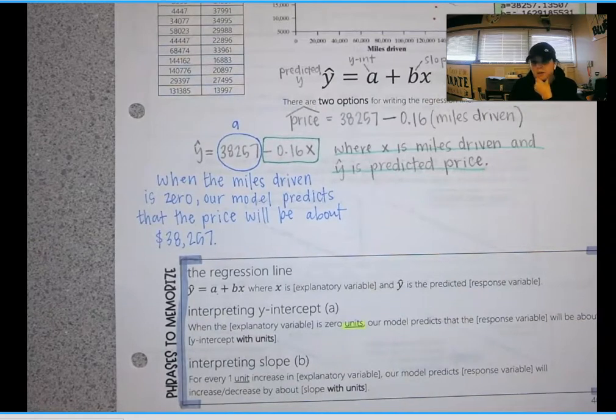Let's think about in context what that means, because we're going to get some questions in the can you do. There's only 2 questions on the can you do that is going to ask, is our y-intercept meaningful? And in this case, our y-intercept describes a truck that is brand new, a truck that has not been driven at all. So essentially, our y-intercept is telling us the price of a brand new truck. Is that statistically meaningful?